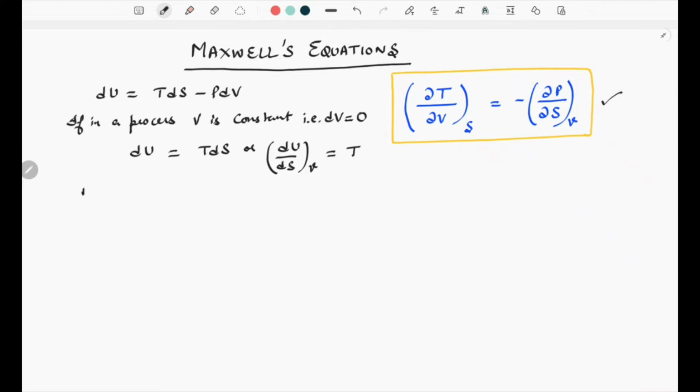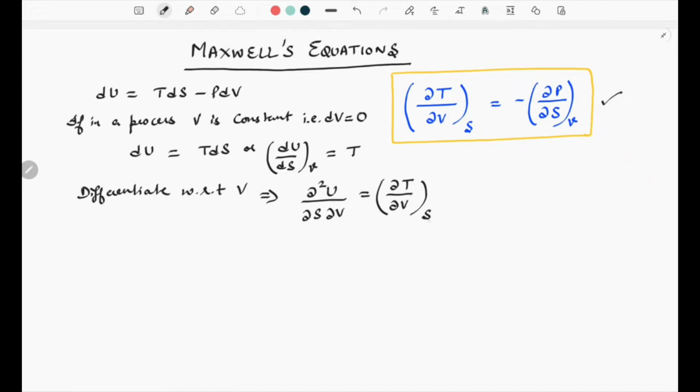Now, differentiate this equation with respect to V, which will give you ∂²U upon ∂S ∂V is equal to ∂T by ∂V, since now the entropy is not changing. So, mark this equation as number 1.